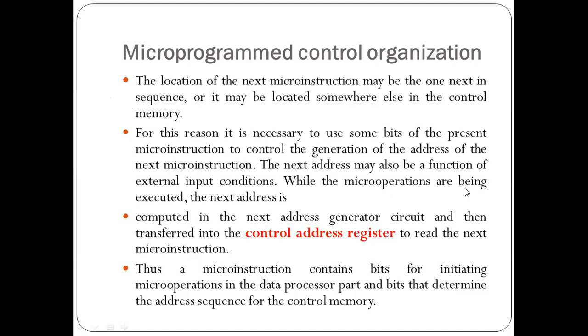The next address generator uses this information to compute the next address, and then it is transferred to the control address register to read the next micro instruction. Thus, the micro instruction contains bits initiating the micro operation and bits that determine the address sequence for the control memory.